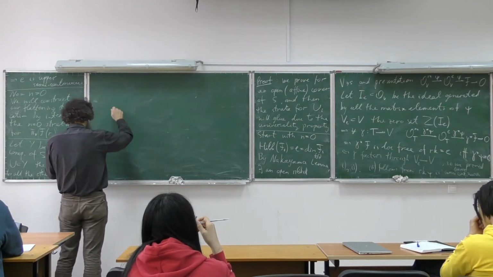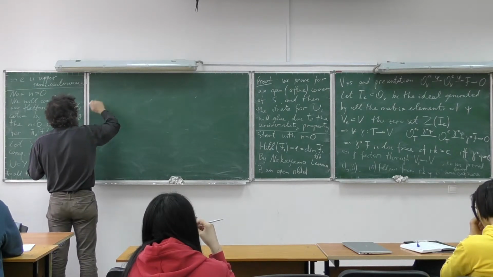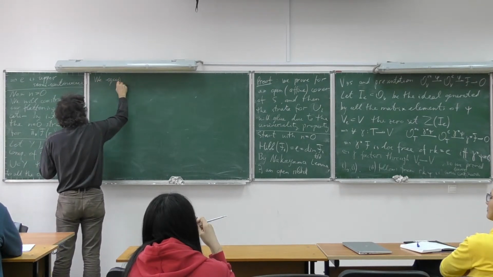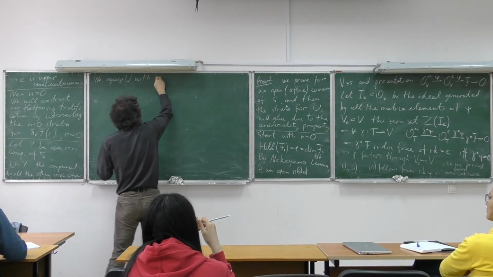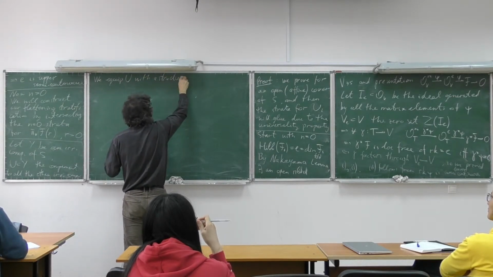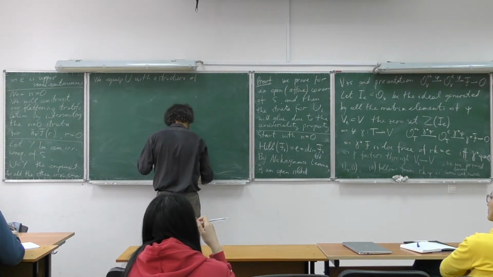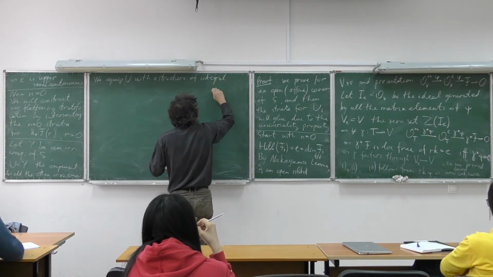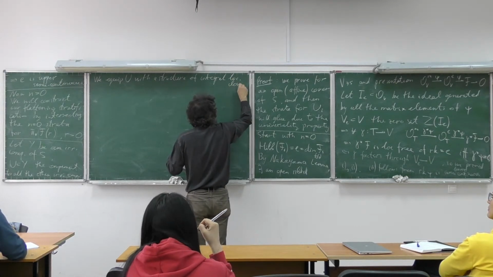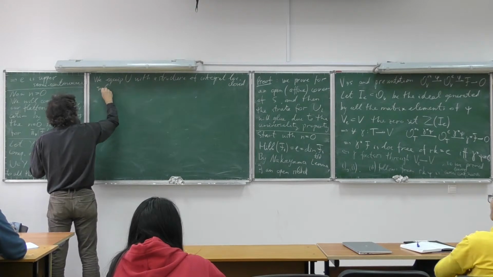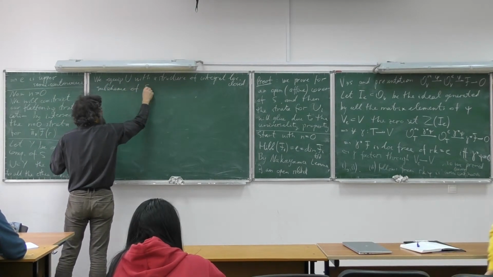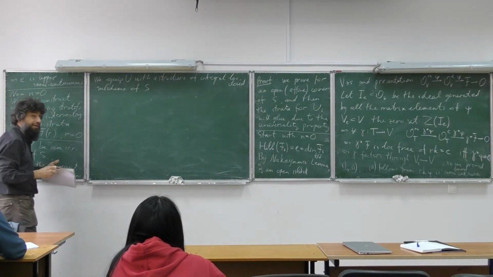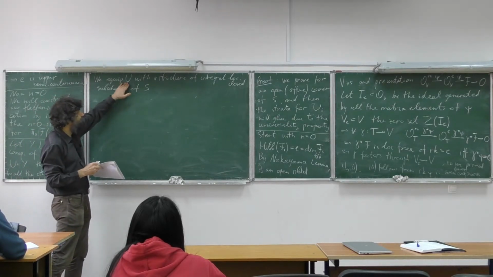We equip U with a structure of an integral locally closed subscheme of S. I mean, S could have some nilpotence to begin with, but I want this U to be integral.